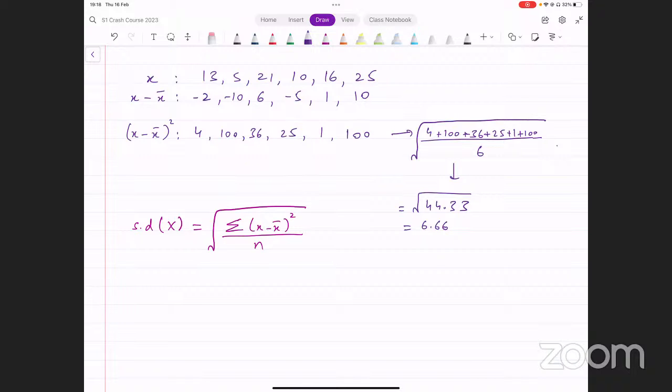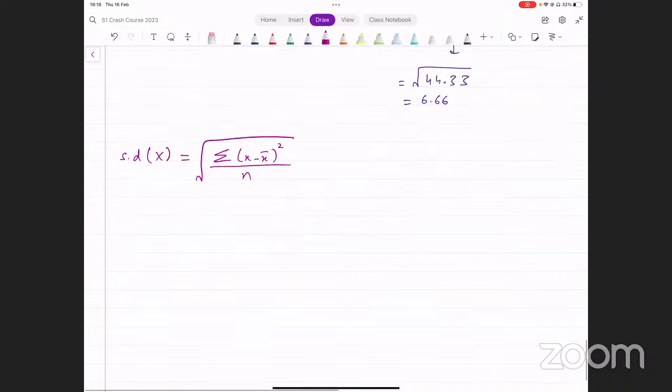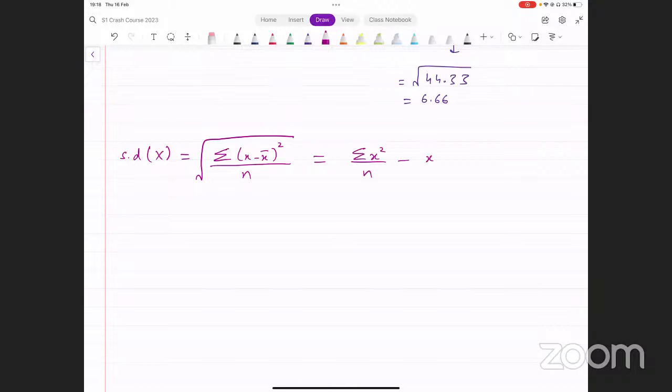Now, this is one formula that we have for standard deviation. There's another formula that you'll also see in the formula sheet. That formula looks like this: square root of sigma x square over n minus x bar whole square. And this formula is actually derived from the first formula. We use some summation rules to get from this form to this form.